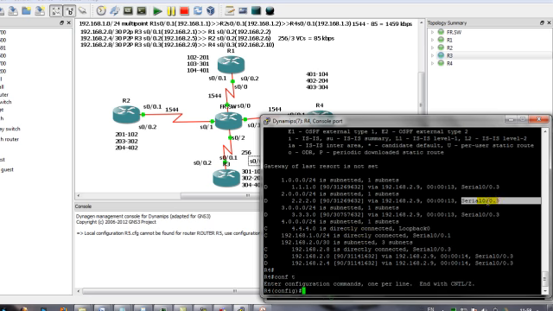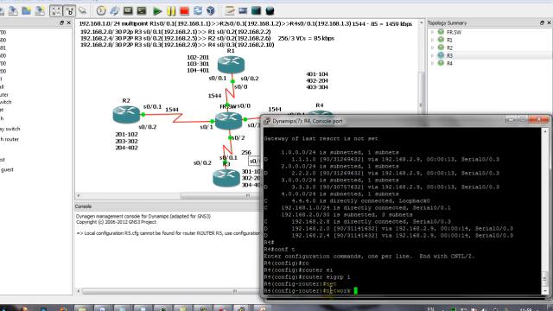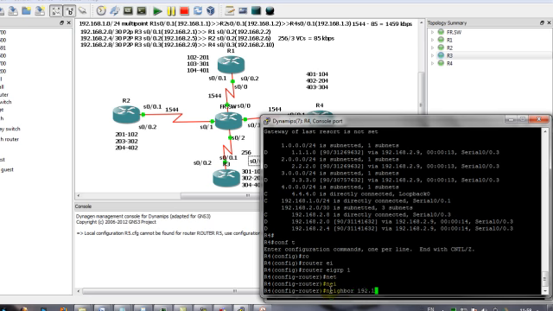Look at this, now this way will change from 0.0.3 to 0.0.1. Now you will see it. Router EIGRP 1 with neighbor 192.168.1.1.